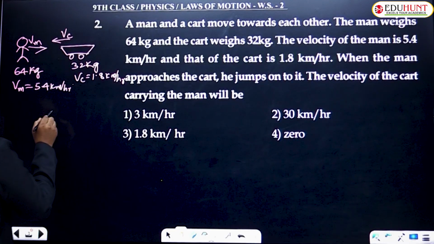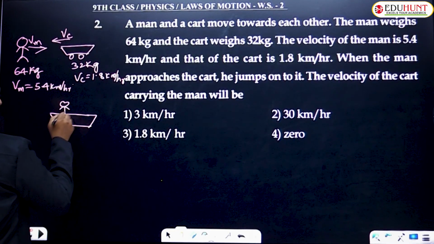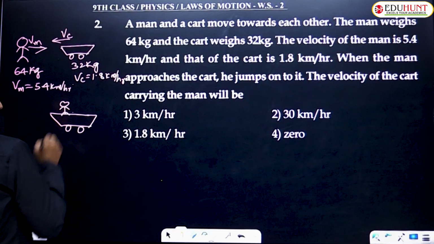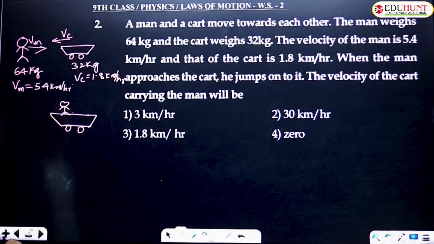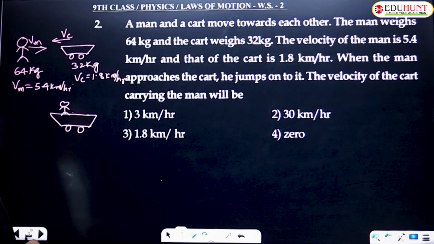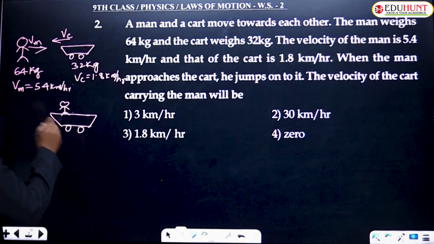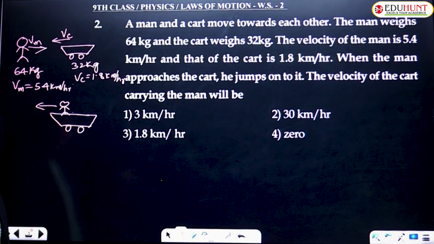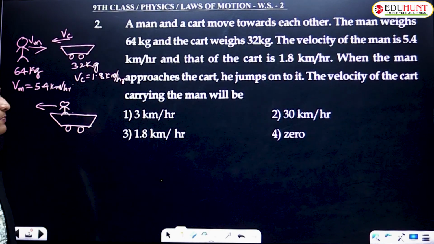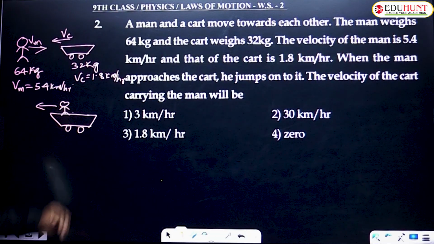In the latter case, that means the second case, the man jumps inside the cart. So now what is the total mass? Total mass is the mass of the man along with the mass of the cart. Now you are asked to find the velocity of the cart carrying the man. So now they might be moving with some common velocity. Together they are moving, so some common velocity. Based on that, we have to find out the common velocity of the two.